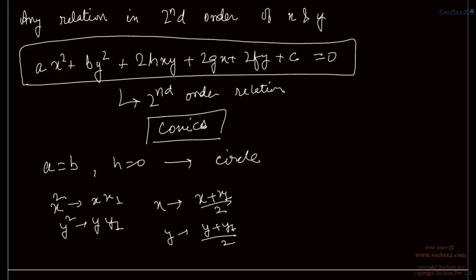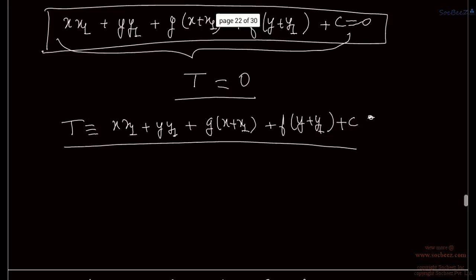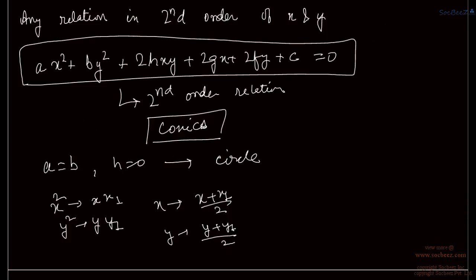Then you will be getting the equation of tangent on this conic. That's what we have done here: in case of x square, we substituted x x1, in case of y square, y y1, and so on, and this is the equation of tangent T is equal to 0.